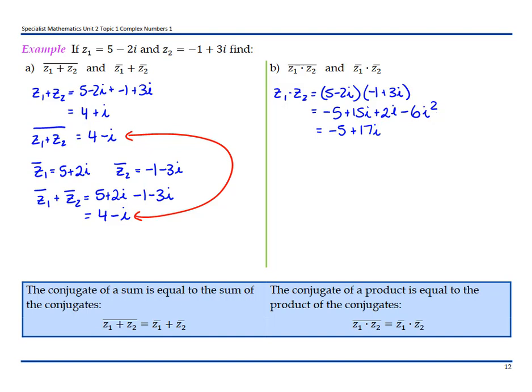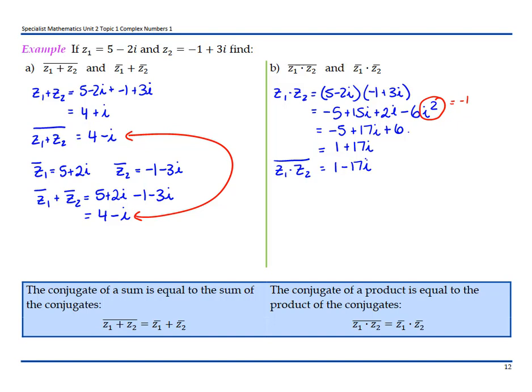My i squared is equal to negative 1, so that's plus 6. Negative 5 plus 6 is 1 plus 17i. So the conjugate of that would be 1 take 17i.